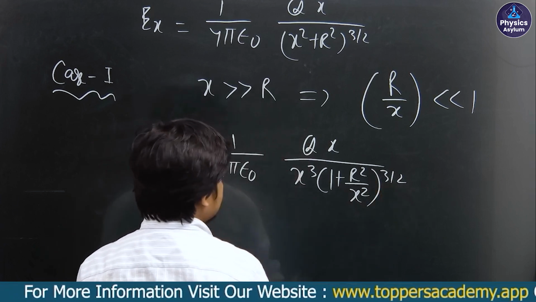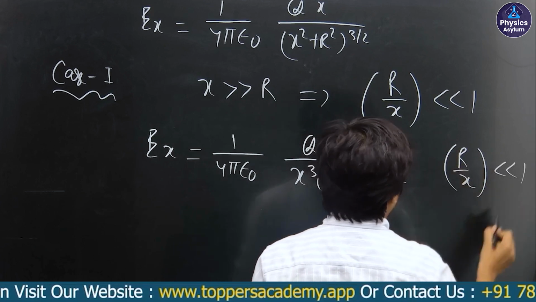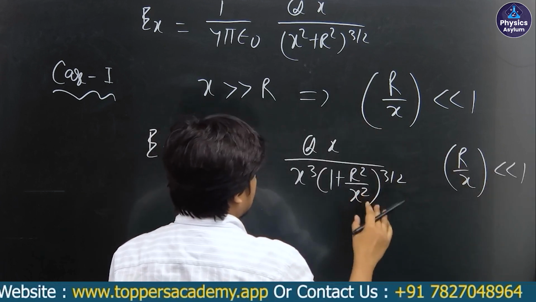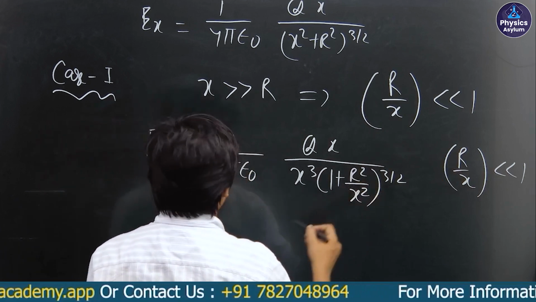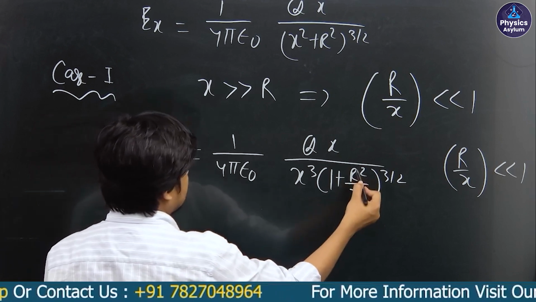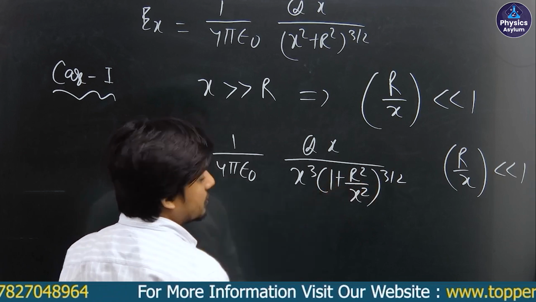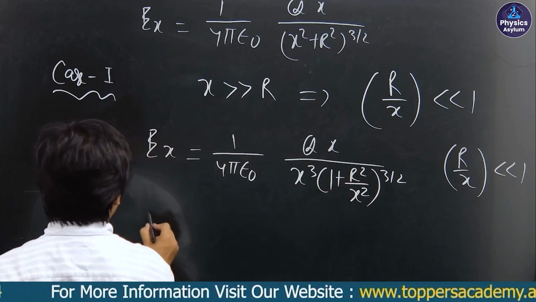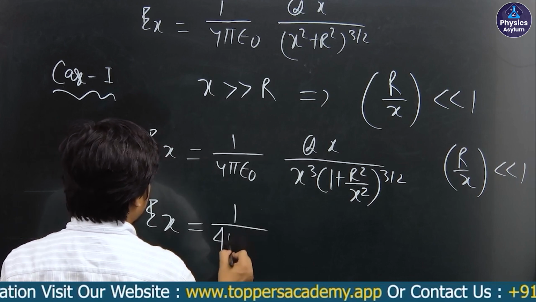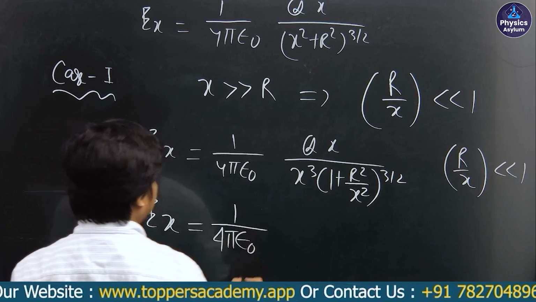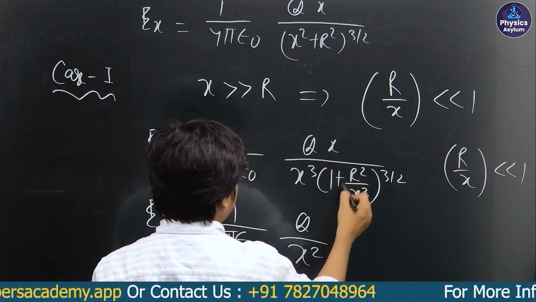Since r by x is much less than 1, this r square by x square will be far less, so I can neglect this r square by x square as it is much less than 1. So I can write that this Ex will be equal to 1 over 4 pi epsilon naught Q divided by x square, as we are neglecting this one.